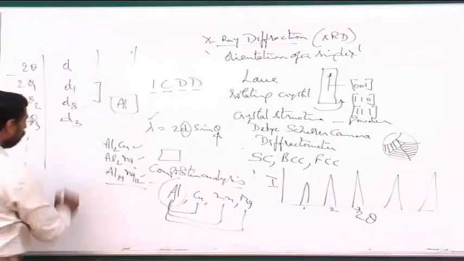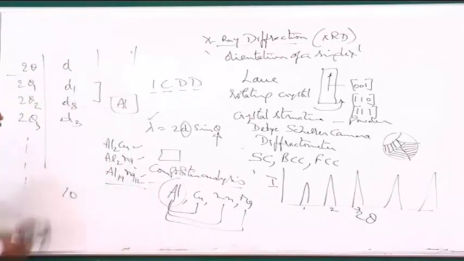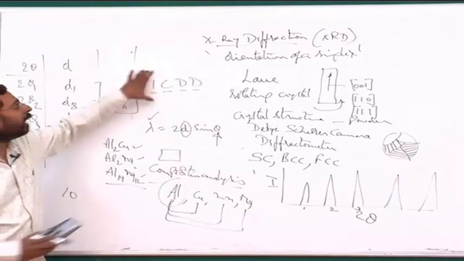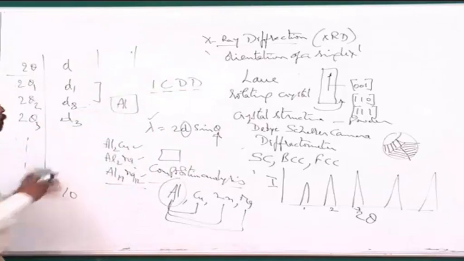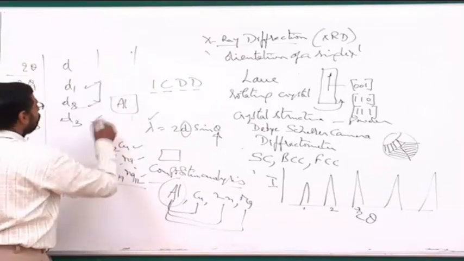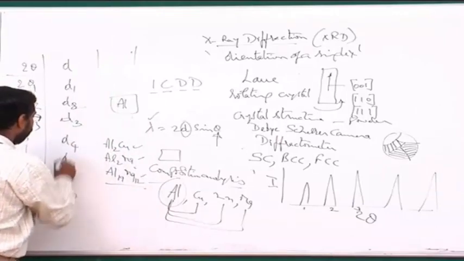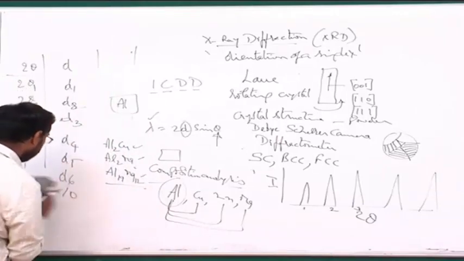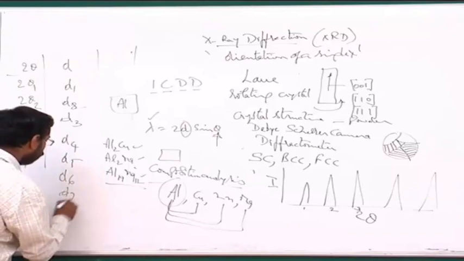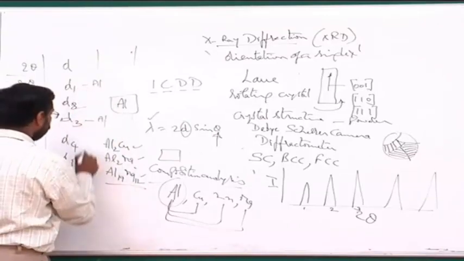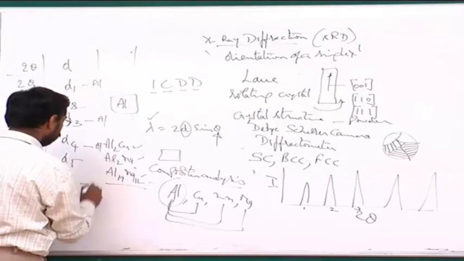Out of all these some 10 peaks that are available or so, find out which peaks are matching with the d spacings of aluminum in the ICDD handbook. I put a tick for all of them and say, okay, these are all aluminum peaks, D4, D5, D6, D7, like that. So I will say the first one is aluminum, third one is aluminum, let's say fourth one is aluminum, and sixth one is aluminum.